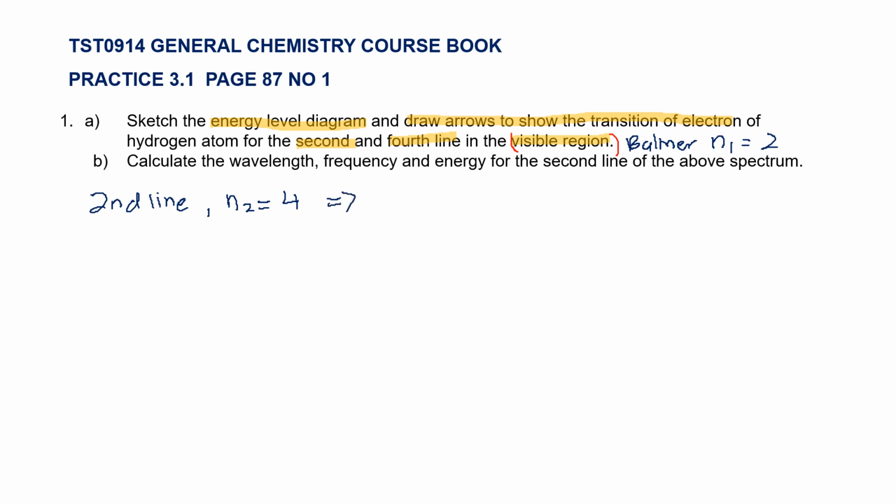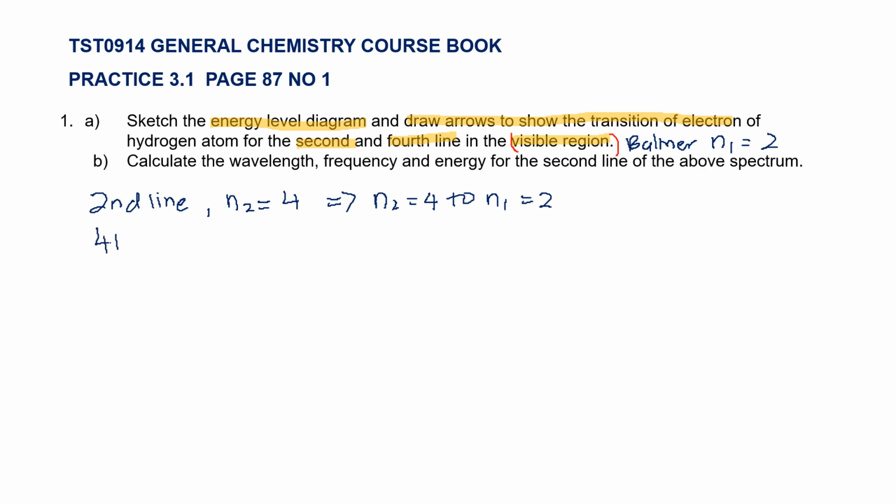The transition means when the electron falls back from the higher energy level to lower energy level. So the transition of the second line of Balmer series must be from N2 equals 4 to N1 equals 2.